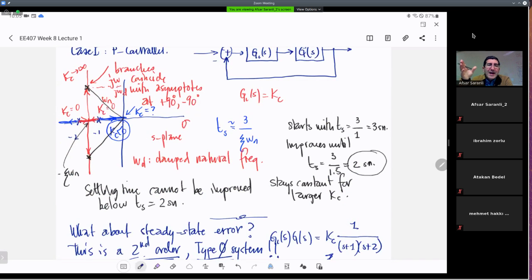So psi omega n is what determines the exponential envelope, and it's going to start as a slow exponential. It's going to become a faster exponential, but at 2 seconds settling time. After that point, if you increase Kc, exponential envelope will be constant. All right?